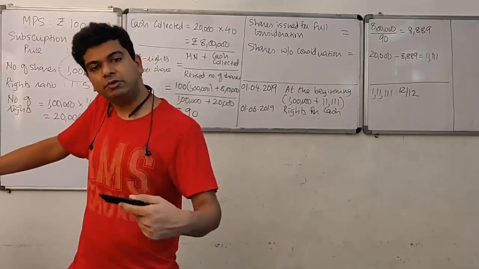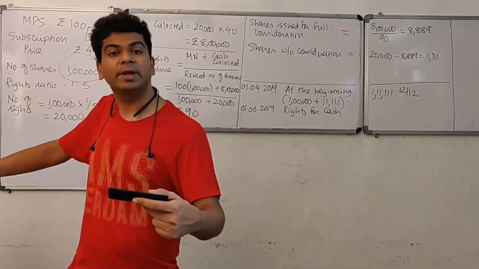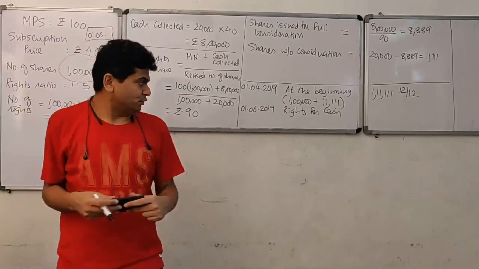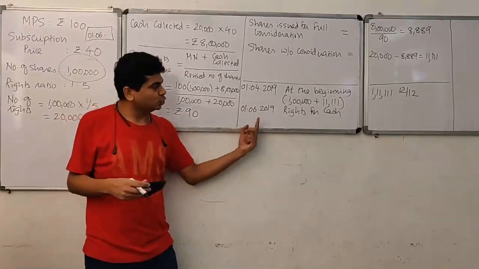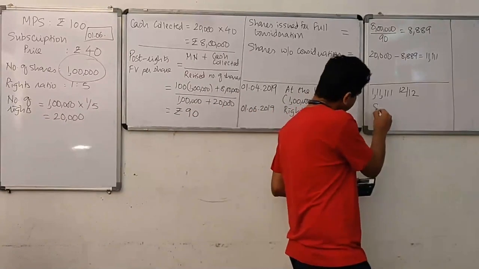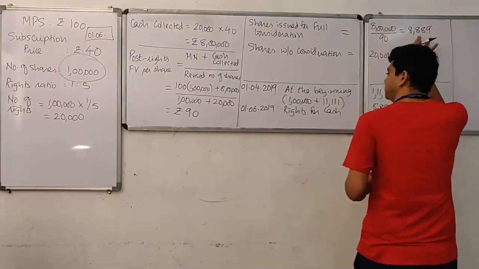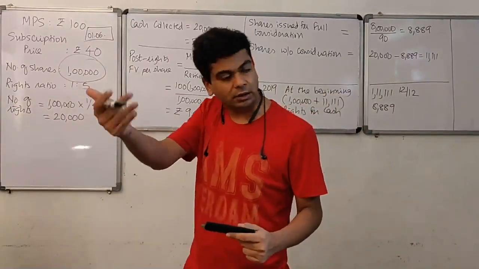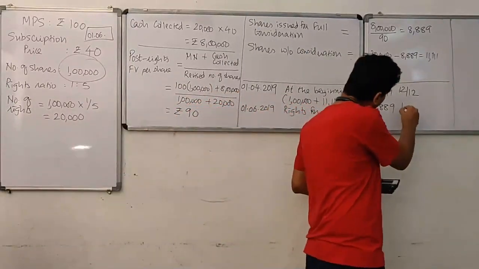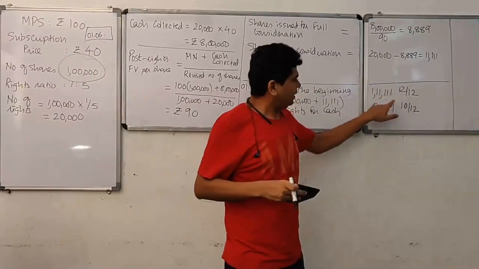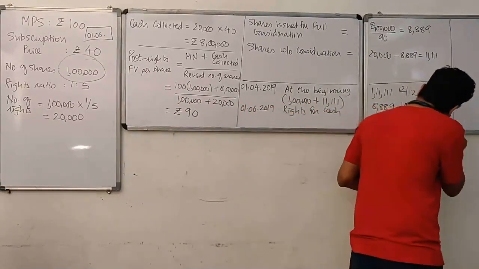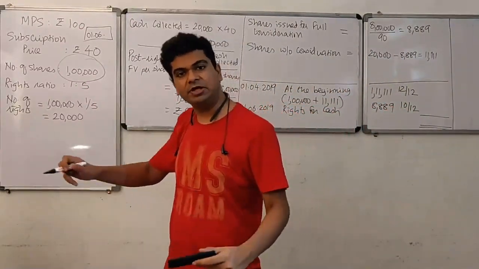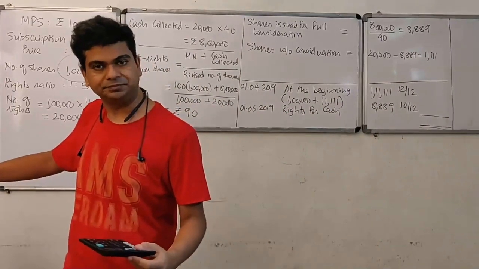For those shares you have received cash, and when you have received cash, it should be considered from the date of allotment. So we are assuming that the date of allotment is 1st June. So this 8889 shares should be considered from 1st June 2019 till the year end, it will carry a time weight of 10 by 12. Multiply these two and take a total. That total will be nothing but the weighted average number of equity shares.